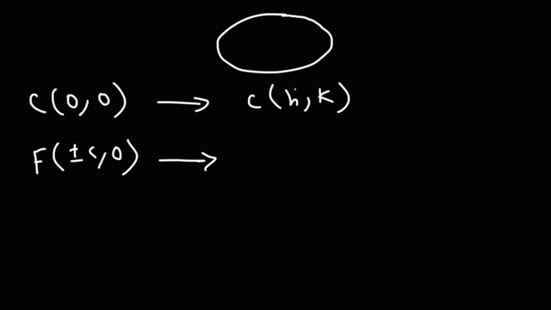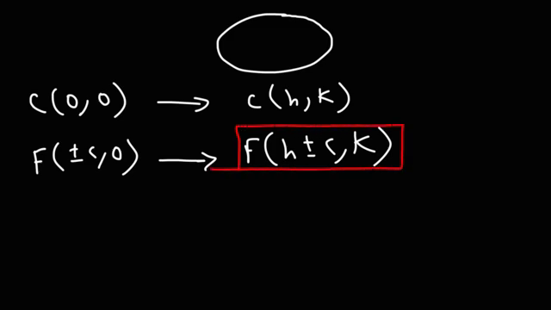So all you need to do is add the coordinates of the center to the coordinates of the foci. So we're going to add plus or minus c to h. So it's going to be h plus or minus c, and then we're going to add k to 0, which will be k. So these will be the new coordinates of the foci for the horizontal ellipse.